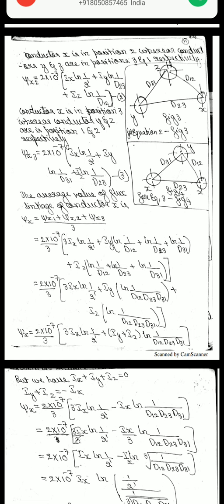Ln 1 divided by d12 d23 d31 is common, so take it common. Next you will get iy plus iz. Ix plus iy plus iz is equal to 0 for balanced conditions, so iy plus iz equals minus ix.